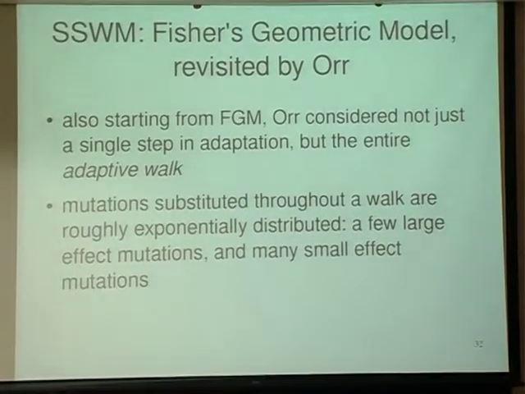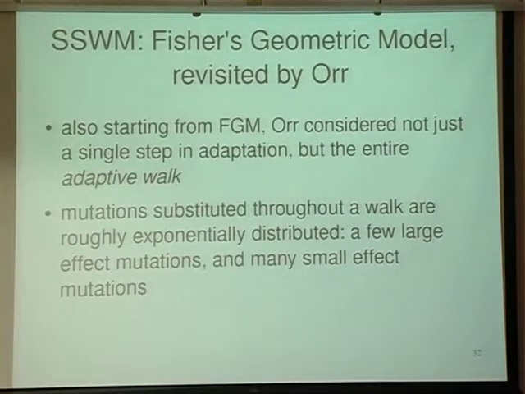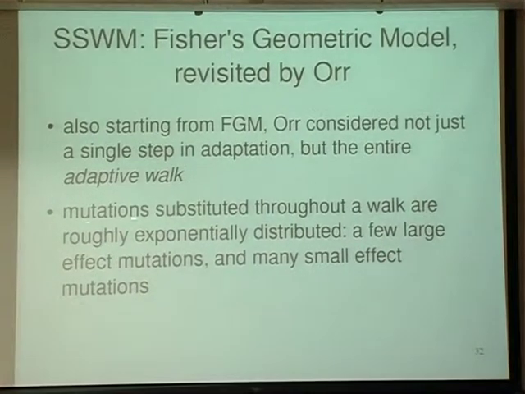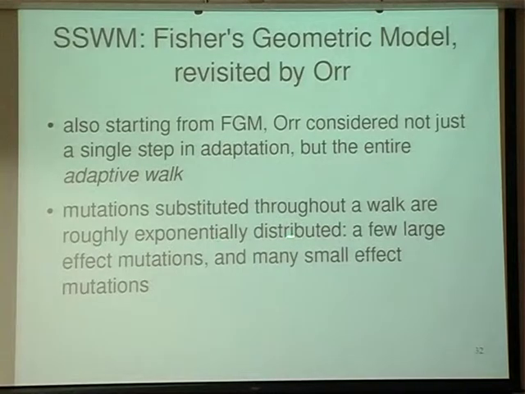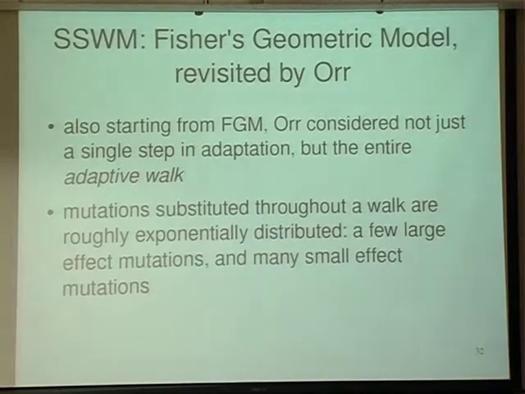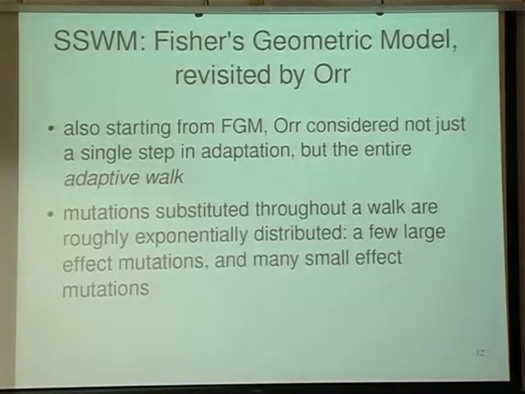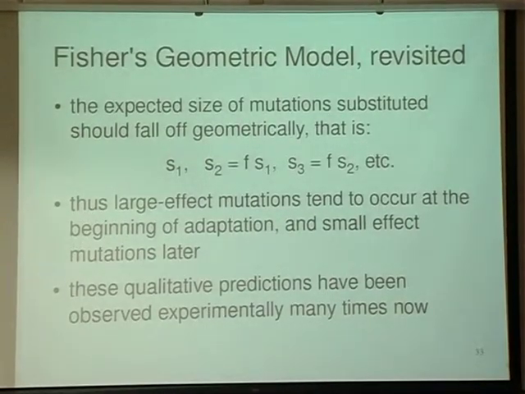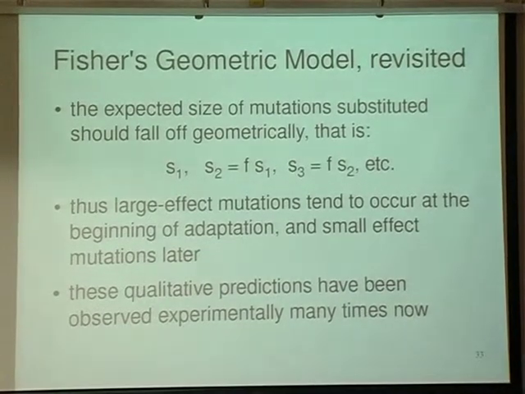He was able to show, under a set of assumptions, as always, that the mutations that get substituted are exponentially distributed. So a few large effect mutations and very many small effect mutations are on average predicted to be substituted during an adaptive walk. And the expected size of these mutations should fall off geometrically.